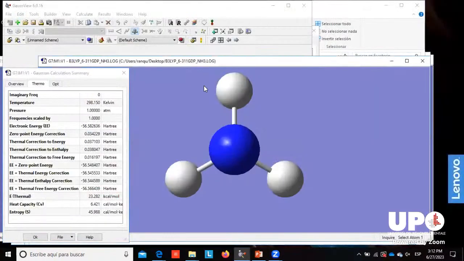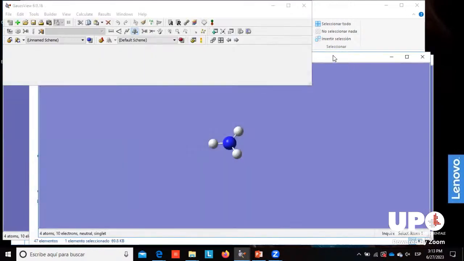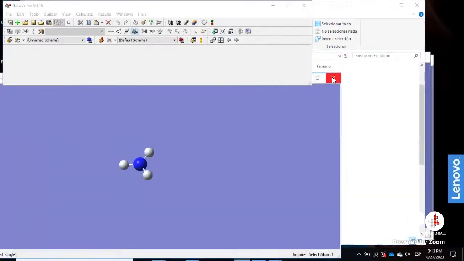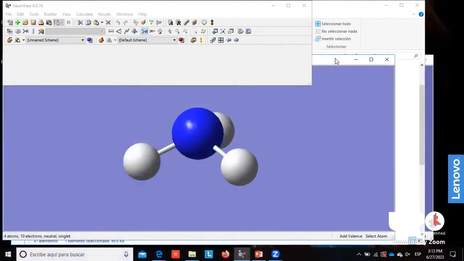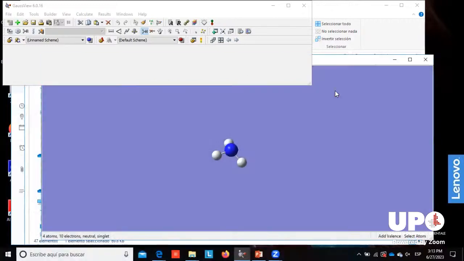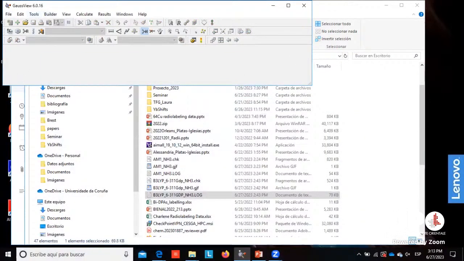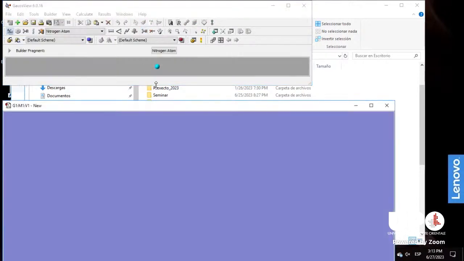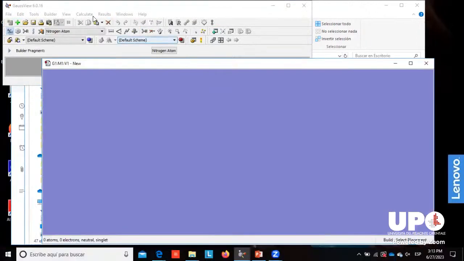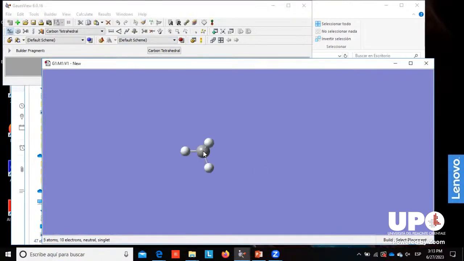So I'm just closing all the ammonia windows. Okay, and now let's start with a new window. And we select tetrahedral carbon here.